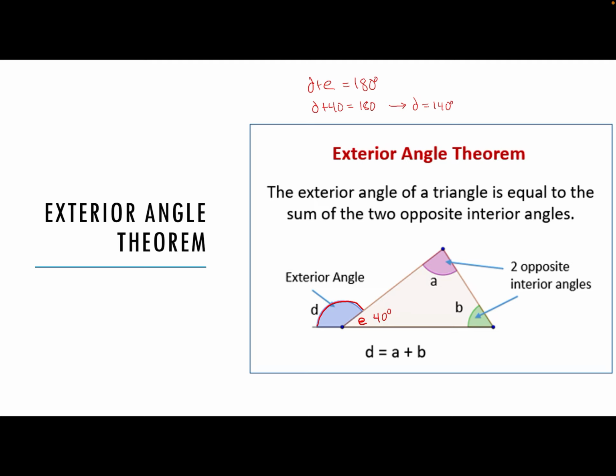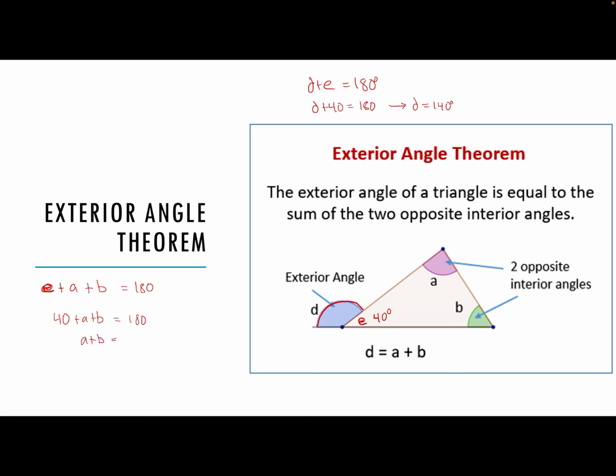Now, we also know that angle E plus A plus B has to equal 180. So over here, we'll put E plus A plus B. That's a terrible E, by the way. Let's fix that. So E plus A plus B equals 180, or 40 plus A plus B equals 180.